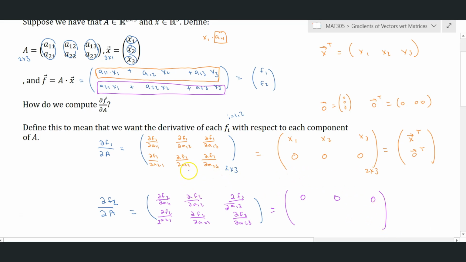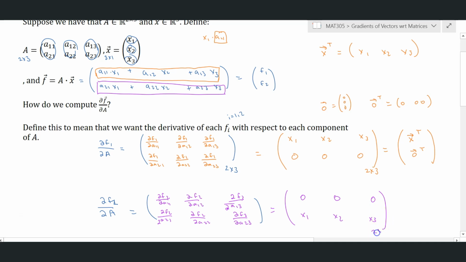And now the derivative of f2 with respect to a21, well, that does have an a21 in it, but only in the first term. So the derivative of a21 with respect to a21 is 1, but then we have this constant x1. And similarly, the derivative of that function with respect to a22 will just give us the coefficient of a22, which is x2, and really for that last term.